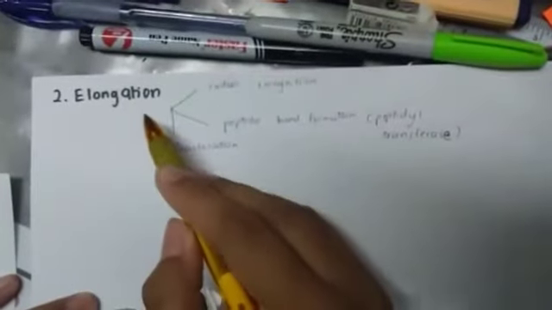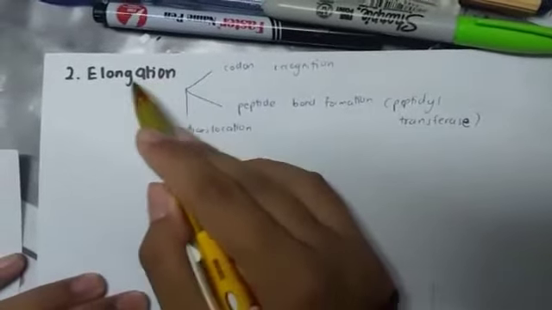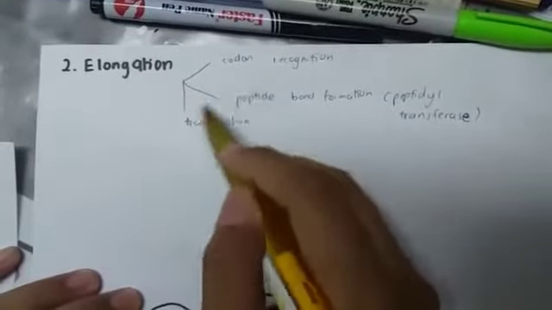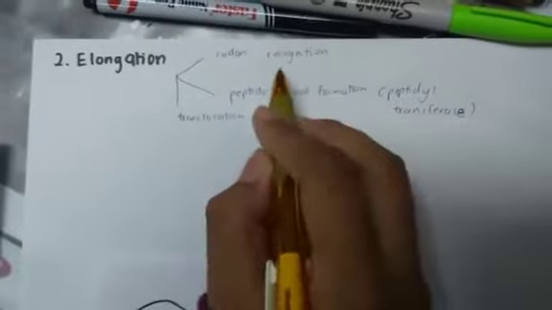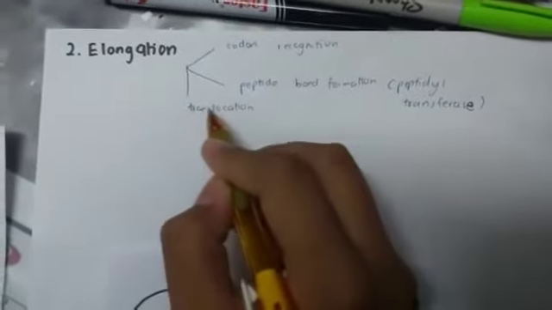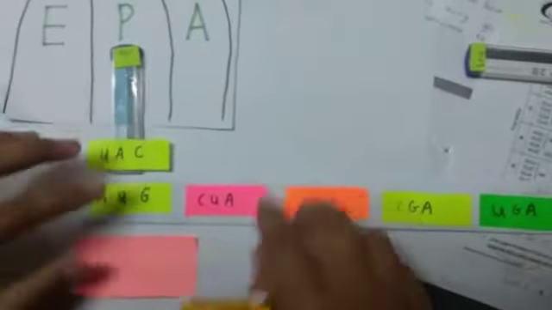We go to the second stage of translation, which is elongation. There are three main steps in elongation, which are codon recognition, peptide bond formation, and translocation. So we go back to this structure here.